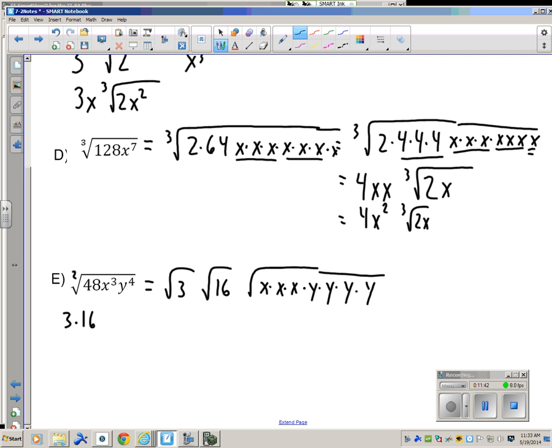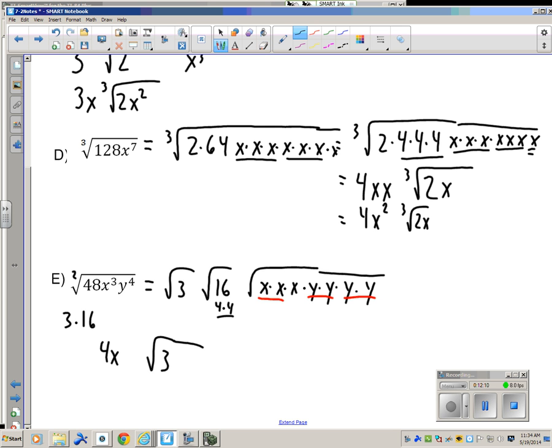So now we're looking for groupings of 2. We're looking for pairings. So doing that, we end up getting the square root of 3. Can't do anything with that. Square root of 16 is 4, because remember this is kind of like 4 times 4, so that's a grouping. So the 4 pulls out, I'm left with a 3. I've now got a grouping of x's over there, so I'm going to pull the x out.